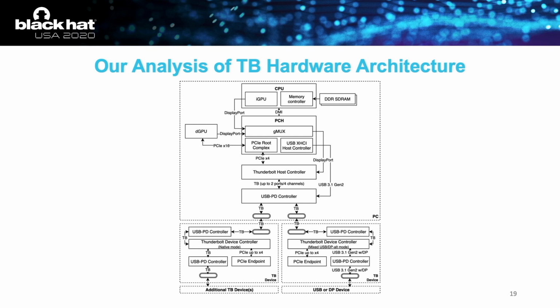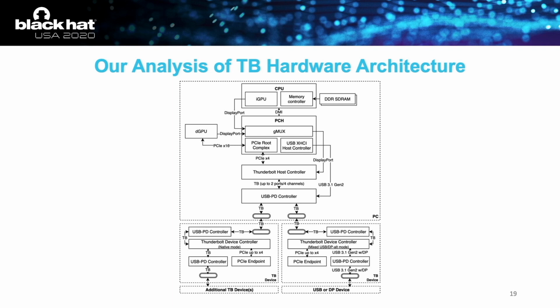So starting with the Thunderbolt host controller, the Thunderbolt host controller on the PC end connects to the PCH, and the dGPU and iGPU take care of generating a DisplayPort signal. On the other hand, there's the USB PD controller, which is a third-party chip. And this controller multiplexes between Thunderbolt and USB from the PCIe as appropriate.